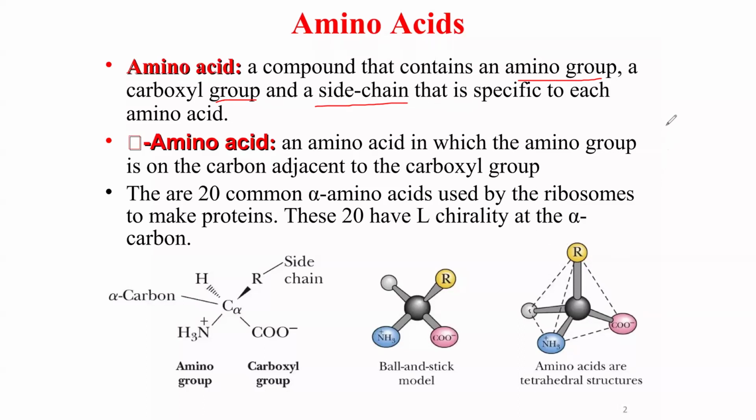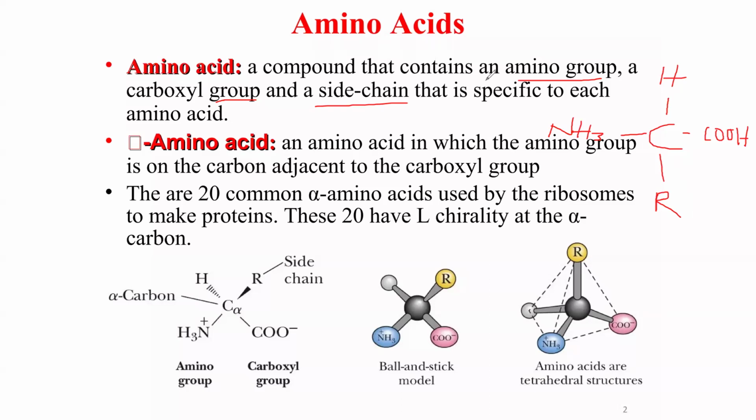So in an amino acid, we have a carbon, and in this carbon, we have a free hydrogen, a carboxylic group, and an amino group. And apart from these three groups attached to it, we also have the R side chain. And this R side chain is specific to amino acids.